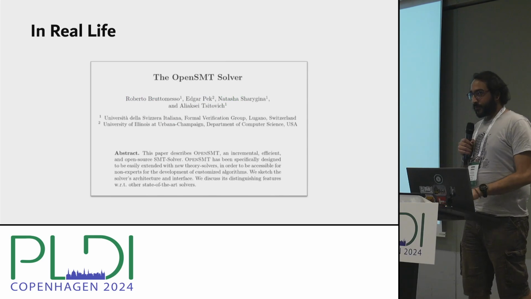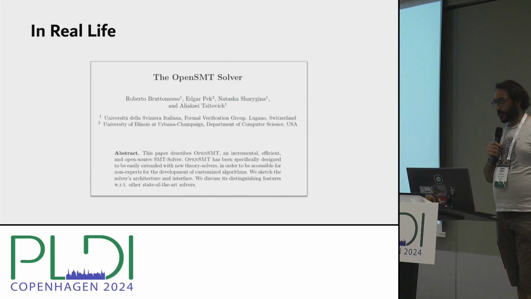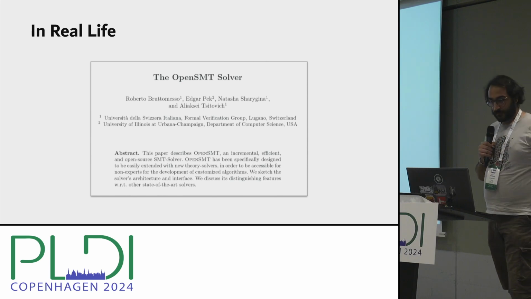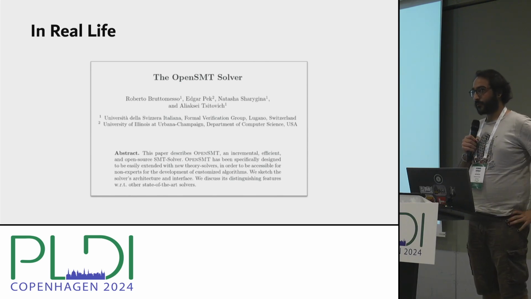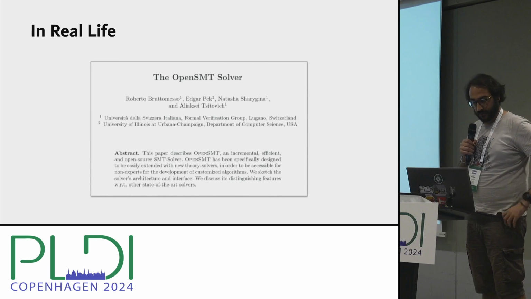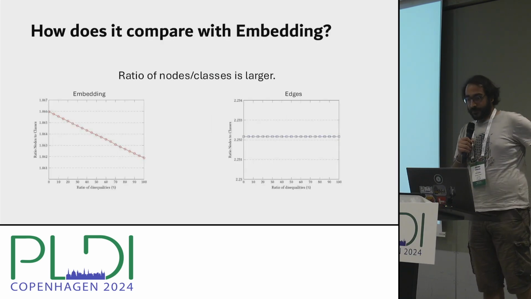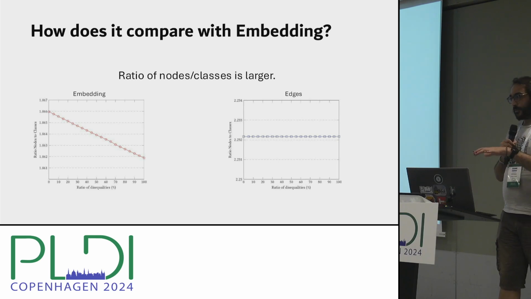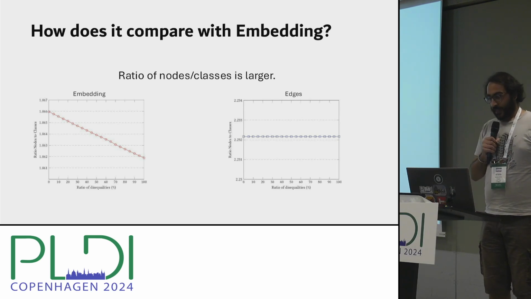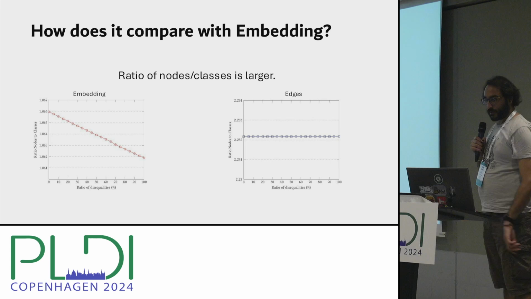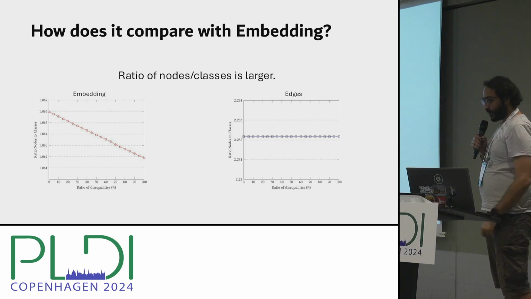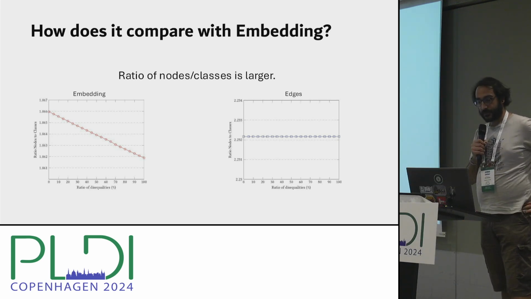In real life, we found an SMT solver that does this called OpenSMT. It's quite a competitive and good SMT solver if you want to use it. But now back to the question of how it compares with this embedding. And luckily the edges, which is on the right-hand side. So on the left was the same graph which we saw a few slides earlier.